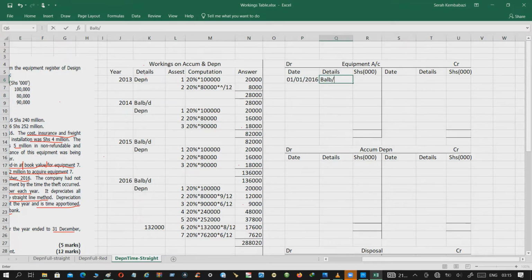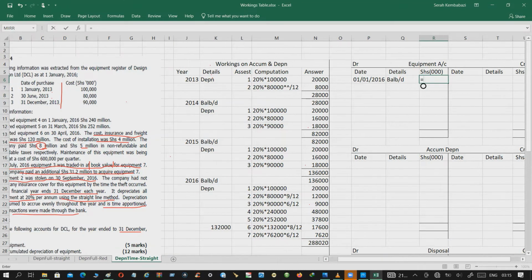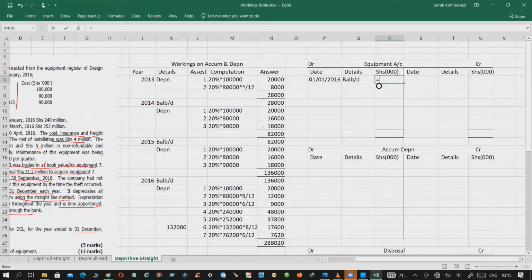So let's fill in our table after our workings. We know that on 1st of January 2016, our opening balance will be a total of the 100, the 80, the 90, all those machines we had before 2016.